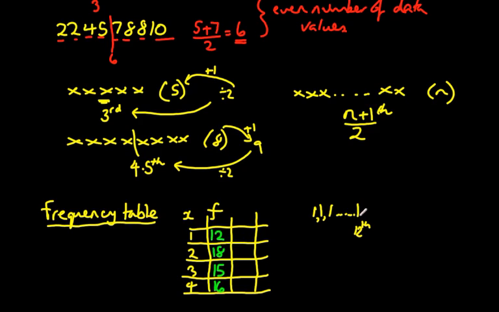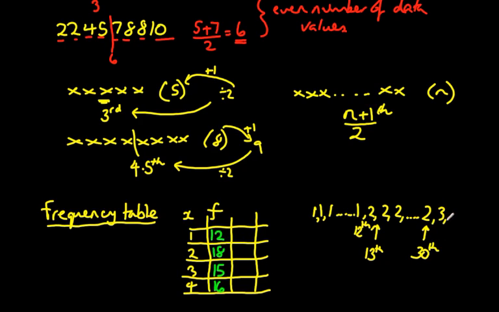Then I'm going to have 18 twos, so this 2 here is going to be the 13th number in the list. The very last 2: the first 12 are all 1's, and the next 18 are 2's, so 12 and 18 is 30. So this 2 is going to be the 30th number in my list.